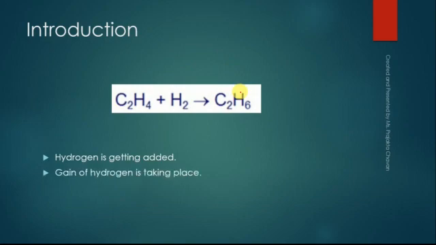Or we may say that gain of hydrogen is taking place for ethene and it is getting converted to ethane. So such reactions in which hydrogen is getting added are called reduction.